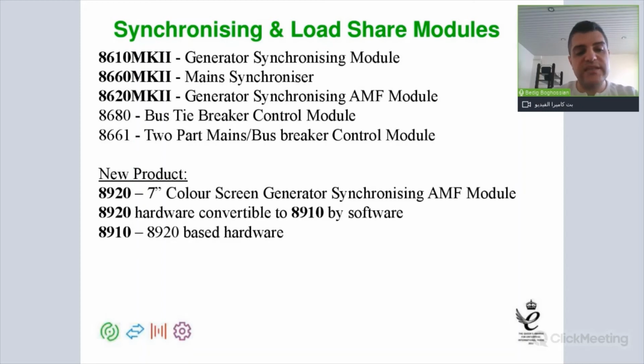So you'd know the 8920 by the last 2 digits that it's an AMF variant, but it can be converted to an 8910, and it will become a generator synchronizing controller. So that's an overview on our synchronizing controllers. By the way, the 8620 Mark II can also be converted to an 8610.